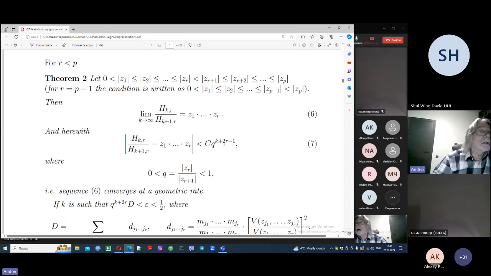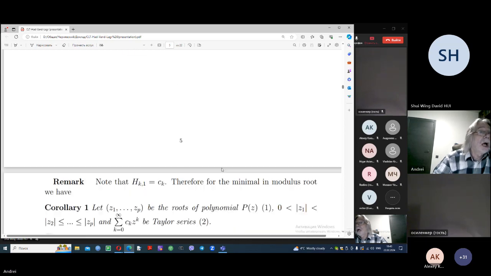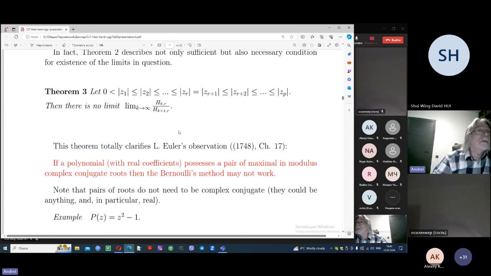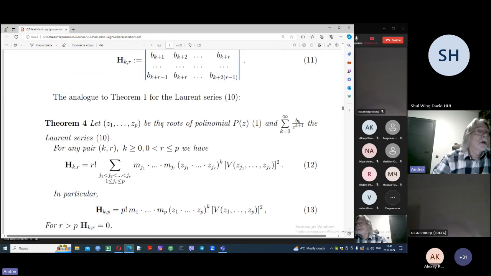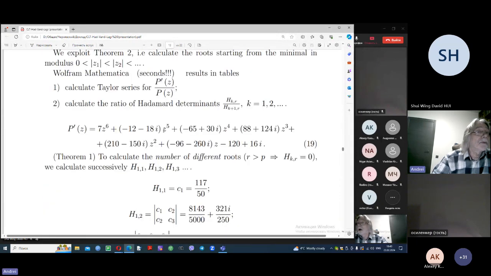The second one is that the limit of the ratio of the corresponding Hadamard determinant is equal to this product once the roots are different in modulus. And the final one is that once a pair of roots are equal in modulus, then there is no limit of this ratio. So let us comment on the proof of these three results.